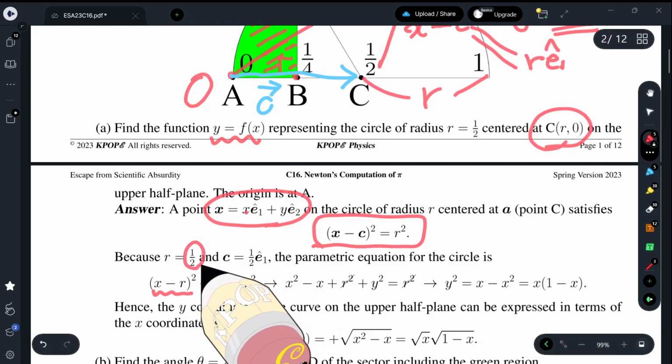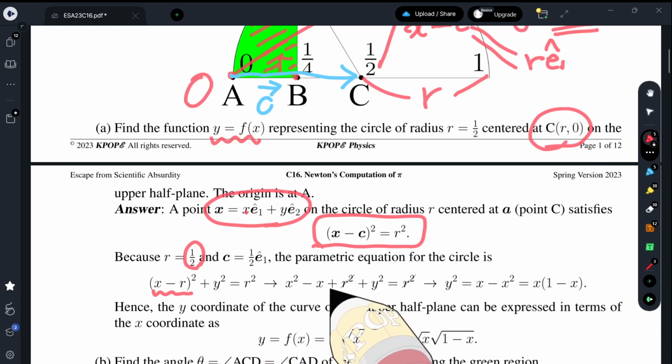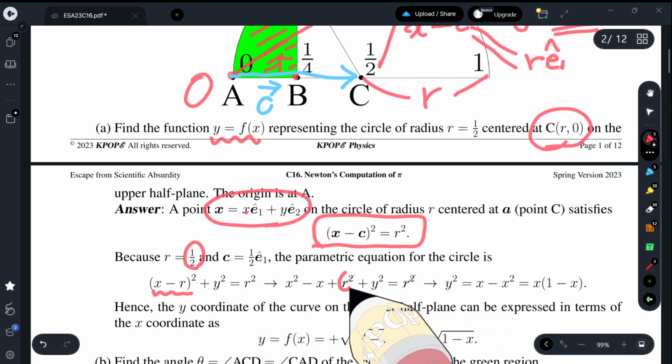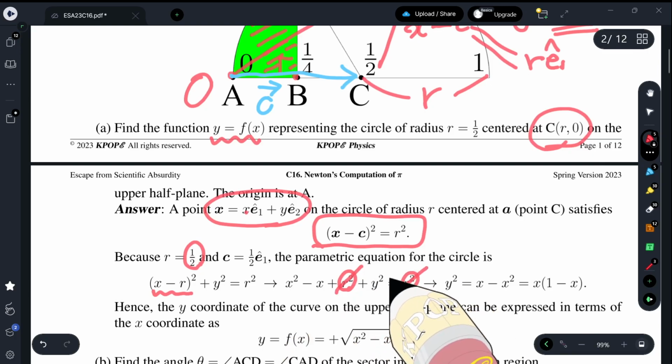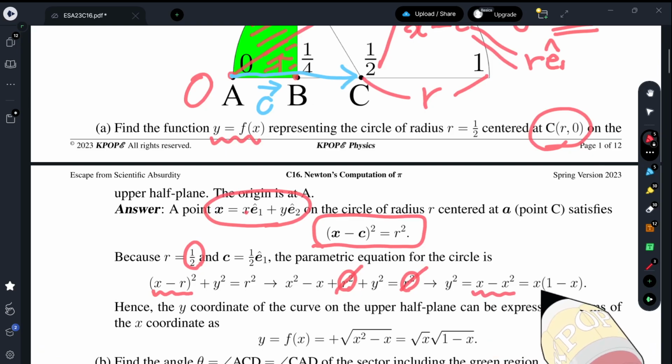We know the radius is 1/2. Expanding the left-hand side, r squared cancels, and y squared is x minus x squared. It is factorized as x multiplied by (1 minus x).